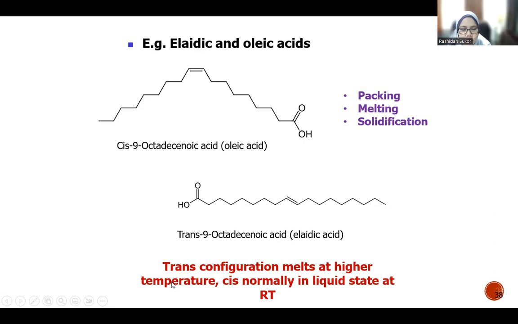Okay, so dia guna hydrogenation procedure. So change from cis to trans, or letak hydrogen, dia tambah hydrogen. Okay. So elaidic and oleic acid packing, melting or solidification, dia akan effect lah the packing, the melting and solidification. Okay.